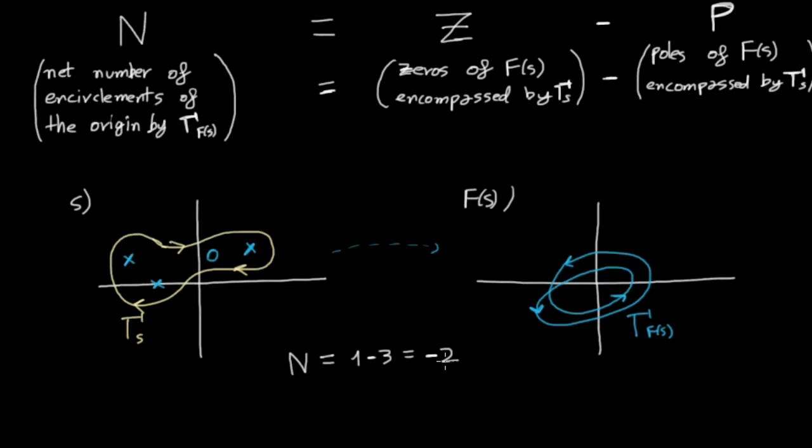How can we benefit from this? Well, imagine that we pick for f of s 1 plus L of s, the characteristic equation of our closed-loop system, and that we also choose as the input trajectory one that encompasses the whole right half plane in clockwise direction.